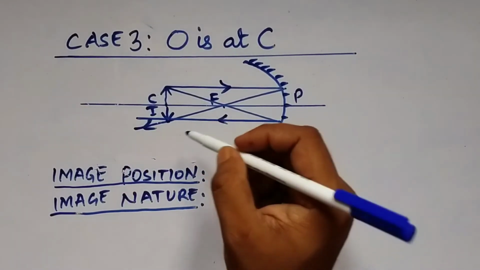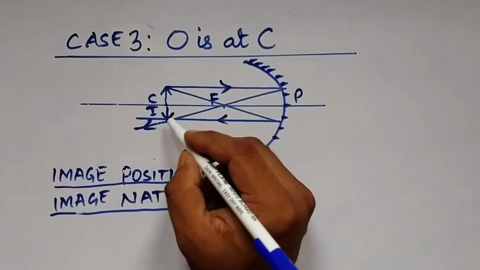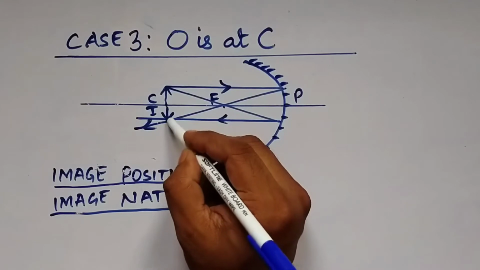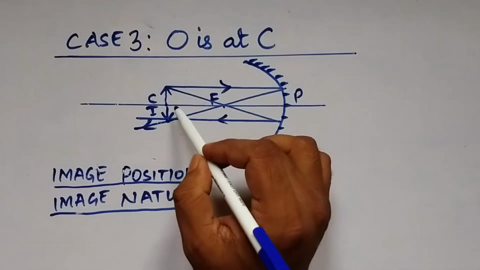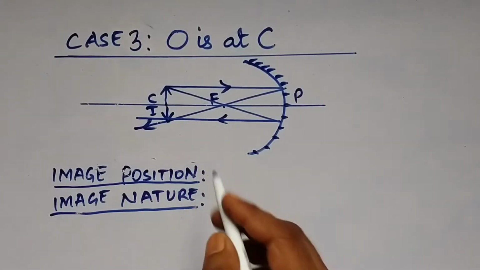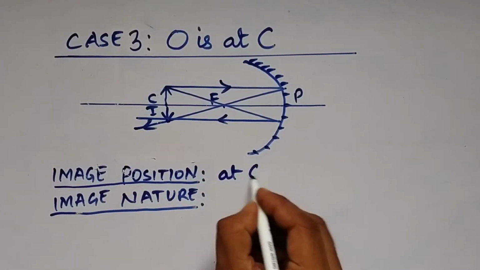Image formed. You have to ensure that the height of the image and the height of the object both will come out to be equal. So this you have to ensure in your ray diagram. The image position will be, the object is at C, the image position will be at C itself.